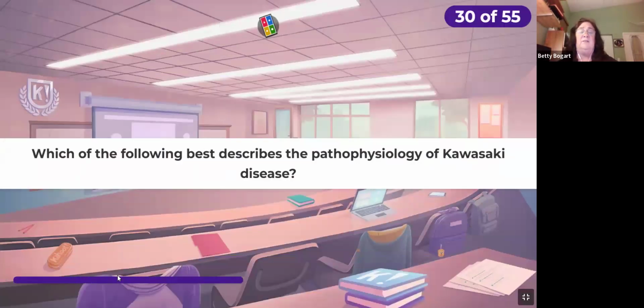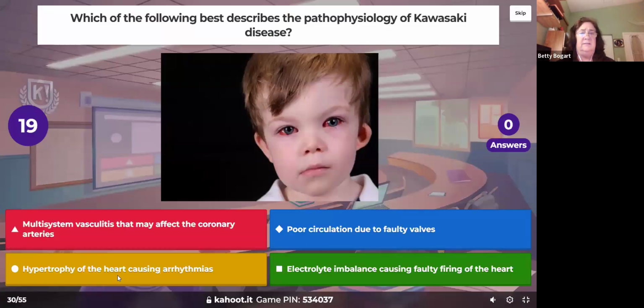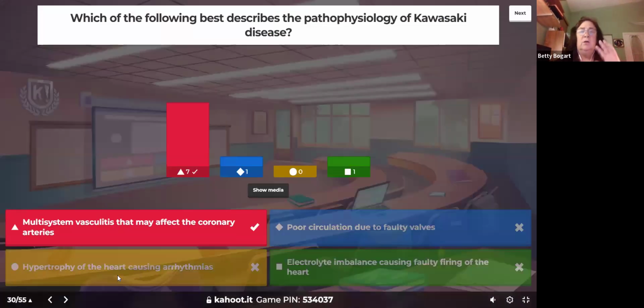Which of the following best describes the pathophysiology of Kawasaki disease? So Kawasaki is what we call a multi-system vasculitis that may affect coronary arteries.